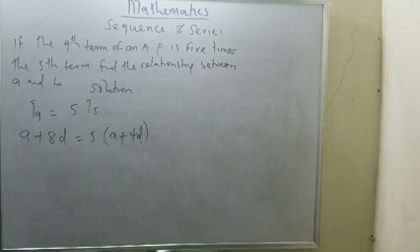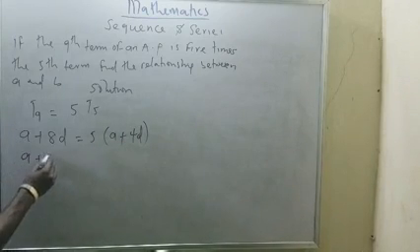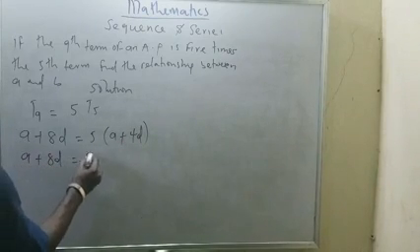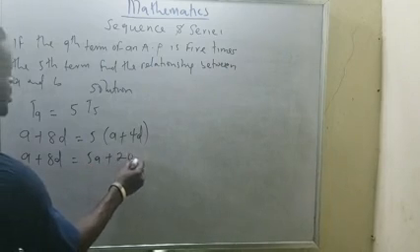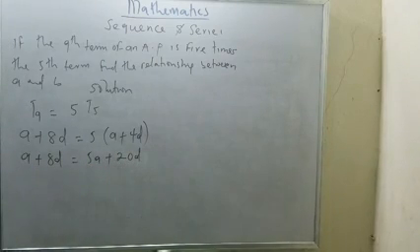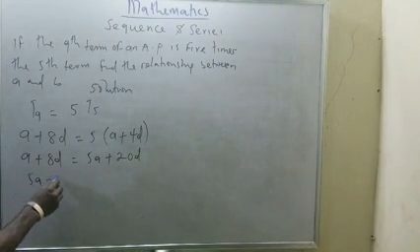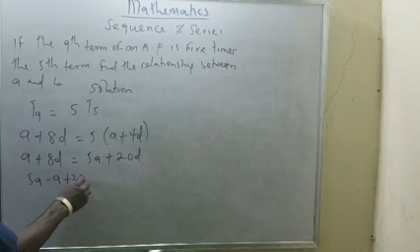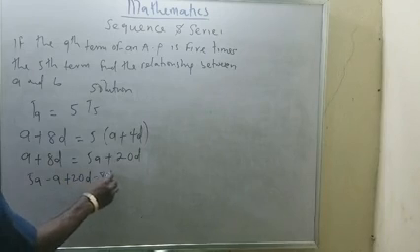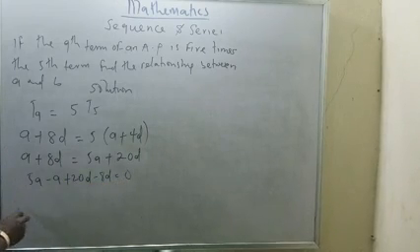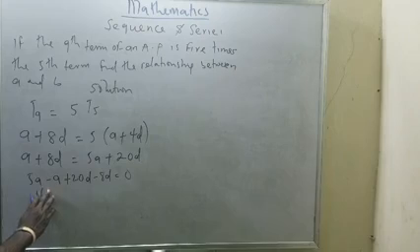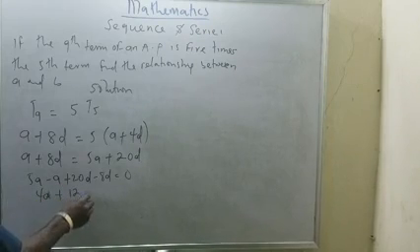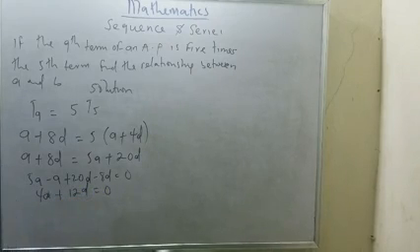That is the meaning of this. Now I'll have a plus 8d equals 5a plus 20d. This gives me 5a minus a plus 20d minus 8d equals 0. Now this gives me 4a plus 12d equals 0.